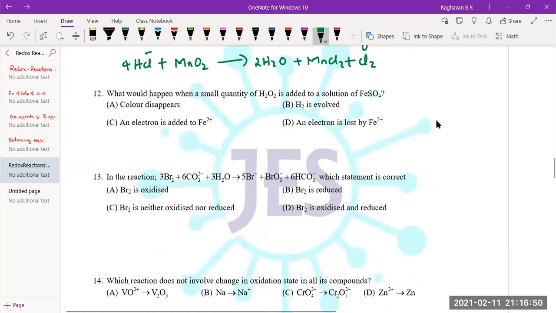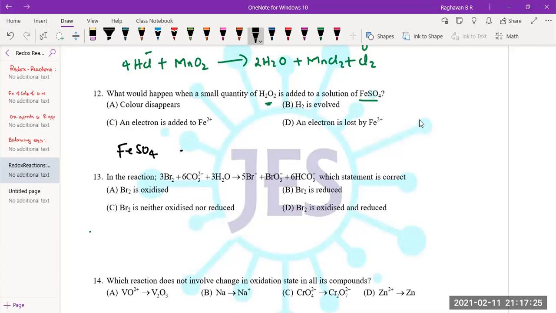What would happen when a small quantity of H2O2 is added to a solution of ferrous sulfate? H2O2 can act as what? Oxidizing agent, because it readily liberates oxygen. So in presence of this oxidizing agent, what would be the expected reaction?